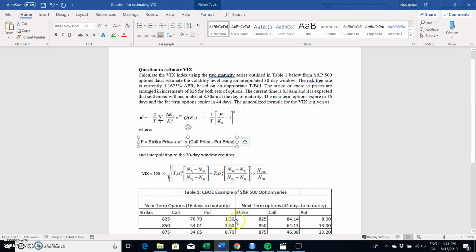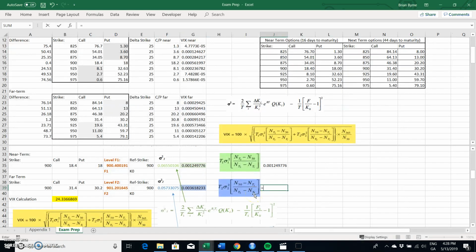of the VIX estimation. So in order to perform that, in this instance, it will be 43 days divided by 365 days in a year, multiplied by the variance for the longer term contracts, multiplied in turn by, again following the logic here, 30 days minus NT1, which is 15 days, divided by open bracket 43 days minus the shorter term contract, 15 days.